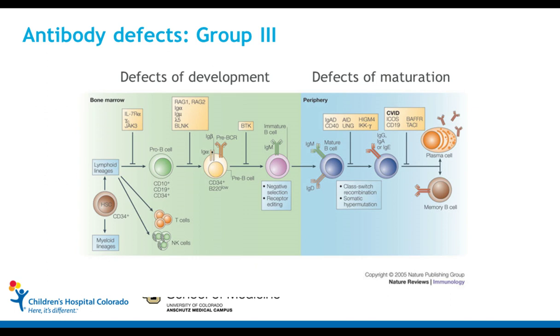Depending on where mutations occur, we may either not see B cells in the periphery, as would be the case with defects in Bruton's tyrosine kinase or BTK, which we will discuss in a little more detail, or defects in some of the CVID-related genes that occur in the periphery can block the development of memory B cell populations and antibody-producing populations.